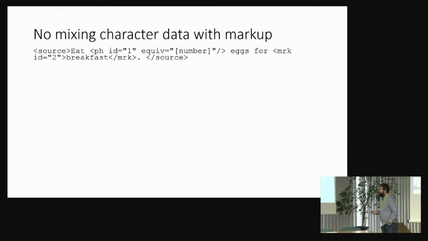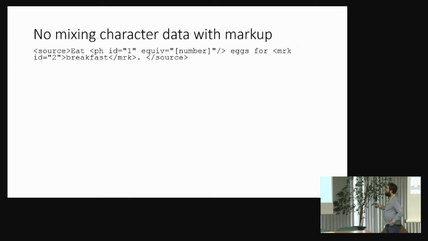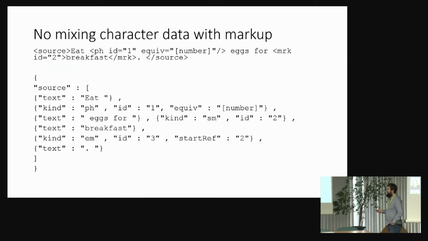This is a simple source in XLIFF. It says: eat placeholder number of eggs for breakfast. It is extremely simplified, with only the minimum attributes used, but this is what it becomes in JLIFF.